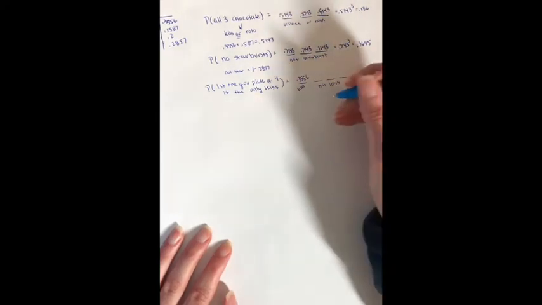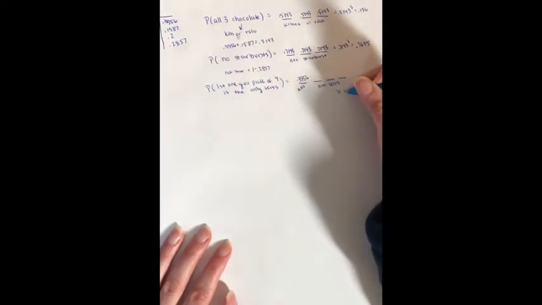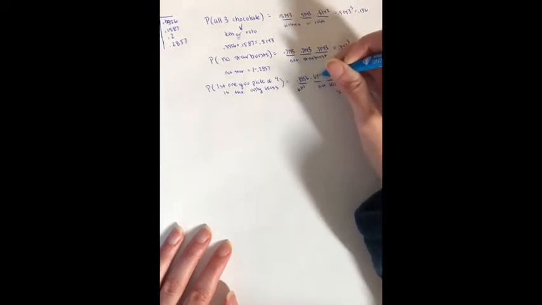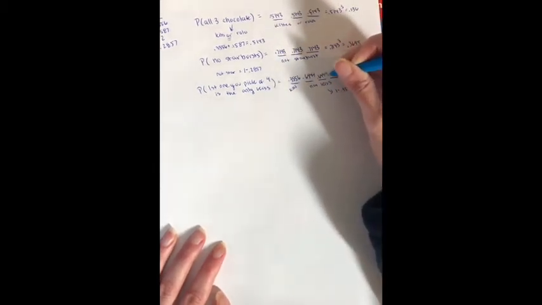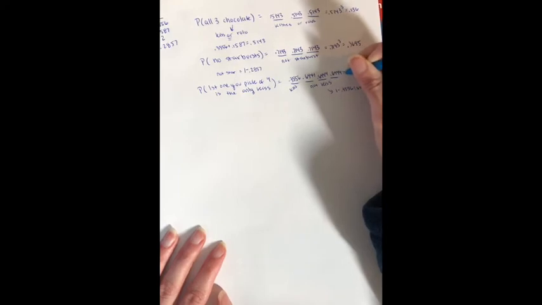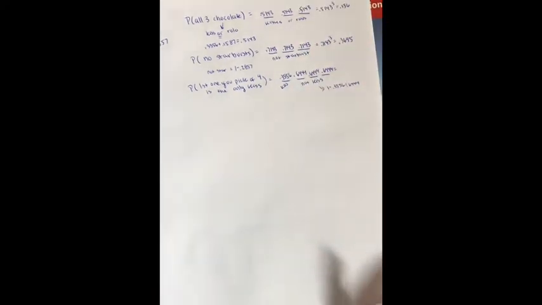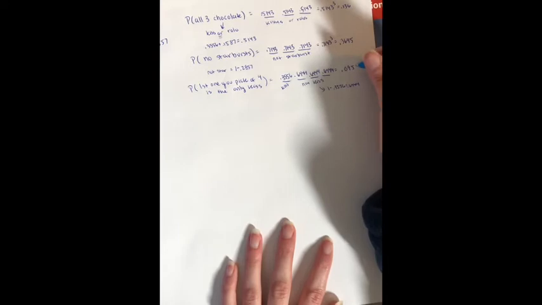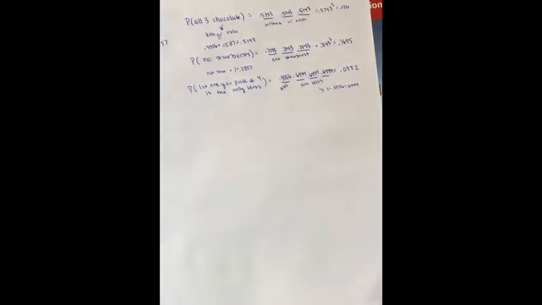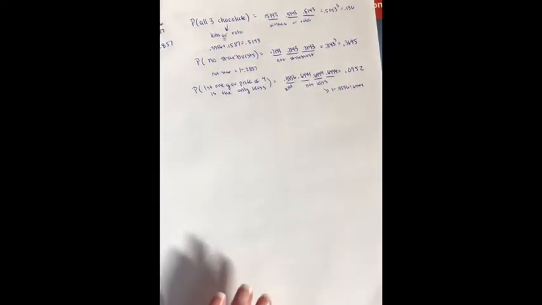Not kiss is 1 minus 0.3556, and so these are all 0.6444. And then multiply together: 0.0952. All right, and so we do problems like these.